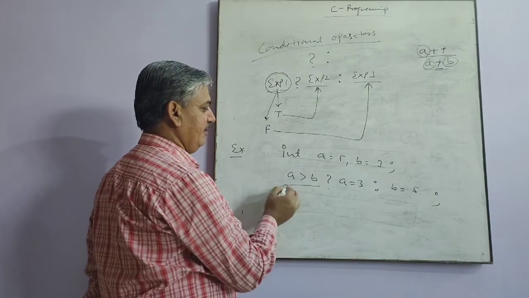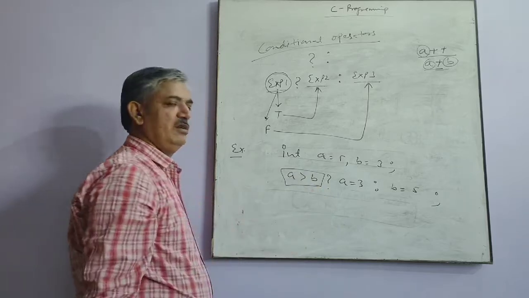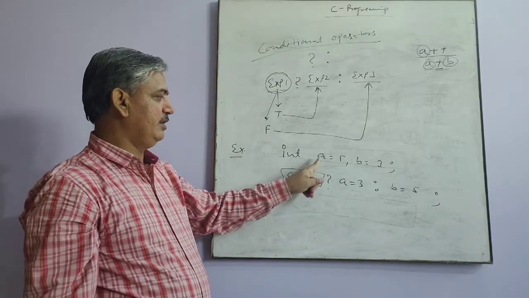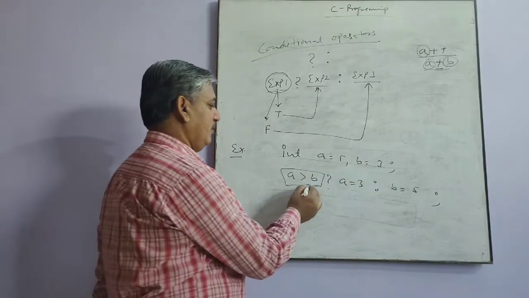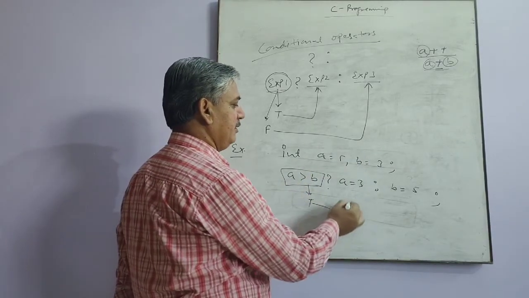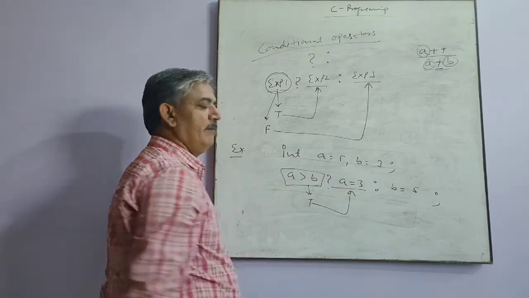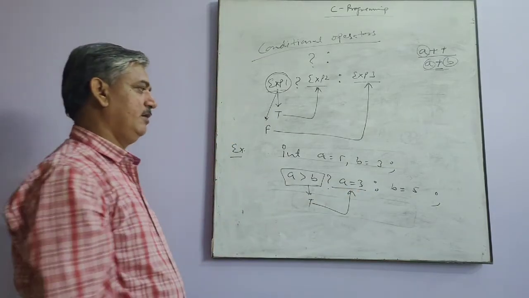Here this is expression 1. A is greater than b. So a is 5, b is 3. It means the result of this is true. It means this a becomes 3. Clear?